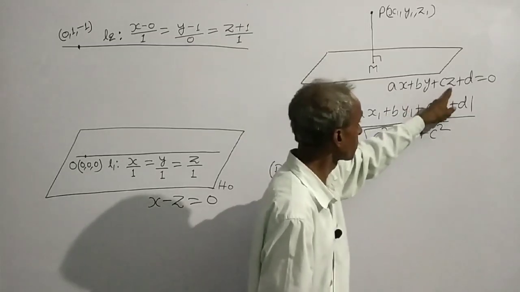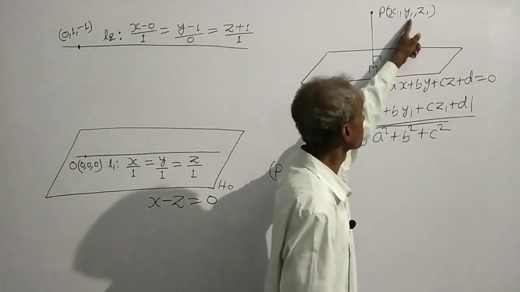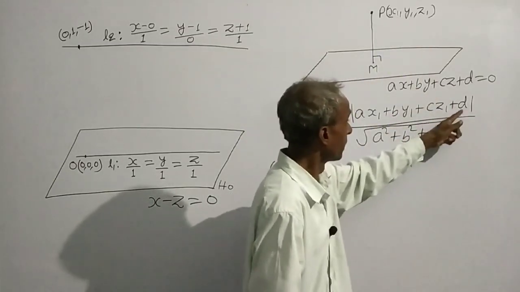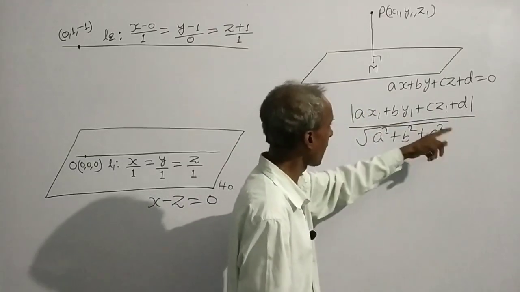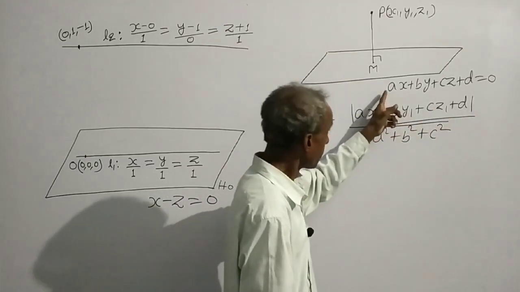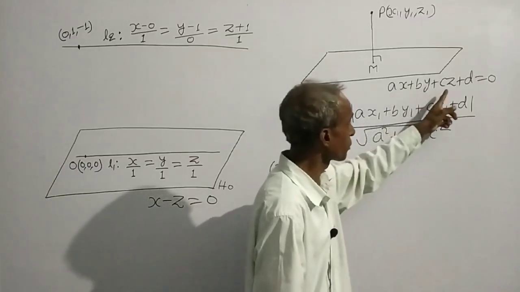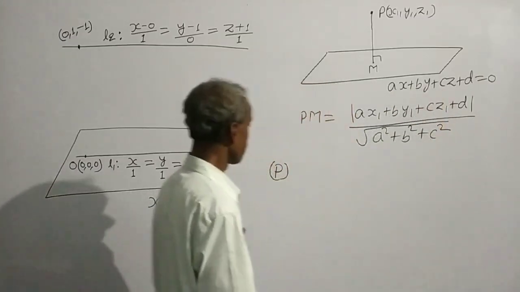In place of x, y, z, we write x1, y1, z1, take mod, and then divide it by the square root of a square plus b square plus c square.